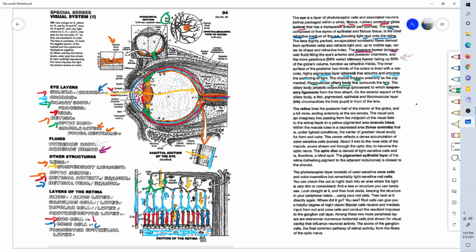And they synapse with these ganglia. Then the nerve impulse, and then the next layer is the axonal layer, because these are the axons of the optic nerve, what becomes the optic nerve, right here. So these are the different layers of the retina.